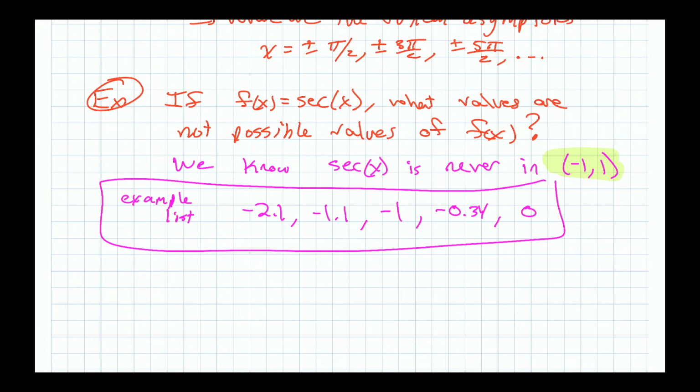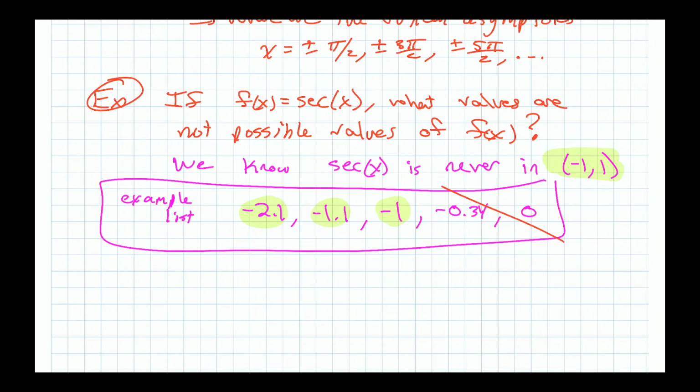Is -2.1 allowed? That one's okay. Is -1.1 allowed? That one's okay. Is -1 allowed? That one's okay. But the other two are not, because they're in that middle section where the function does not exist.